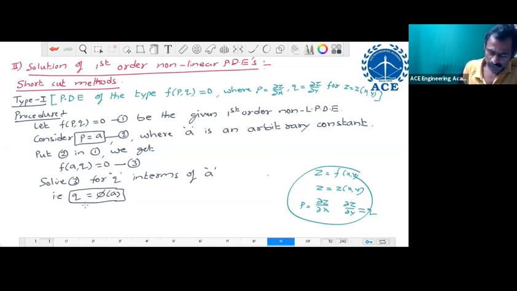Now we know p and q. p is dou z by dou x, q is dou z by dou y. But our aim is finding the solution, that is, z equal to z of x comma y.